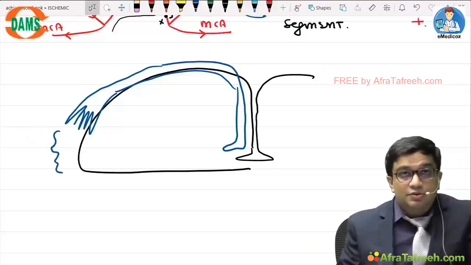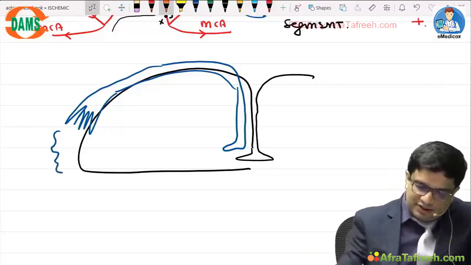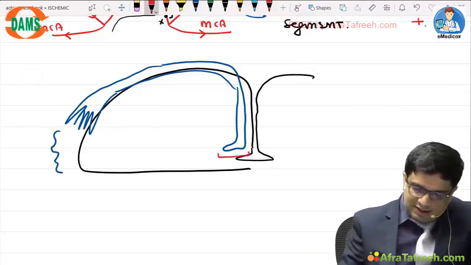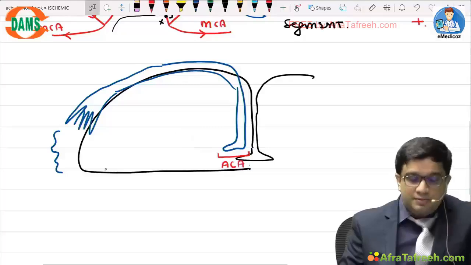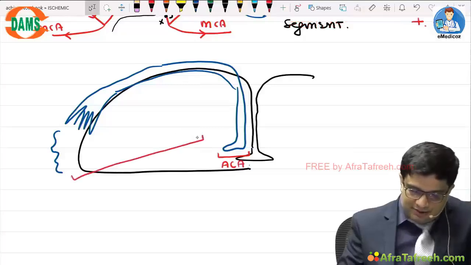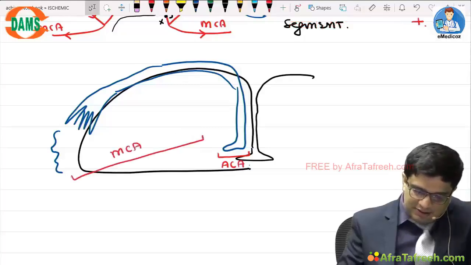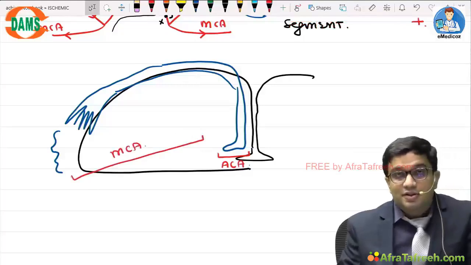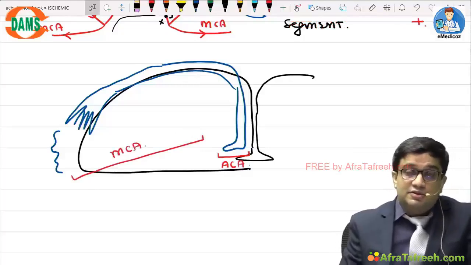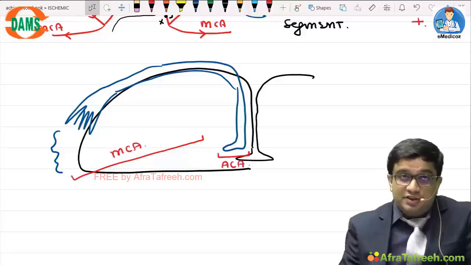Okay, so out of this diagram one thing is very clear, that the anterior cerebral artery supplies this part, right, and the middle cerebral artery supplies rest of the cortex. So the paracentral lobule is under the control of ACA, rest of the cortex is supplied by MCA.